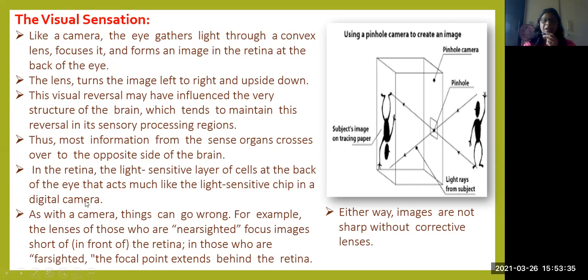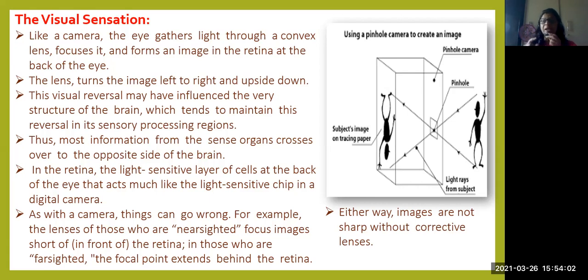As with the camera, things can go wrong. The lenses of those who are nearsighted focus images short of the retina. In those who are farsighted, the focal point extends behind the retina. So nearsight is in front of the retina, and farsighted is behind the retina.